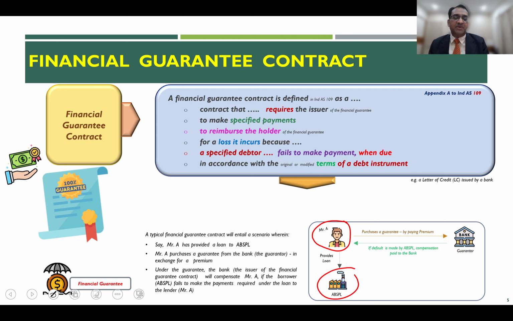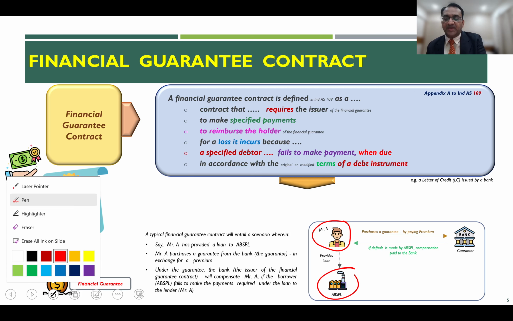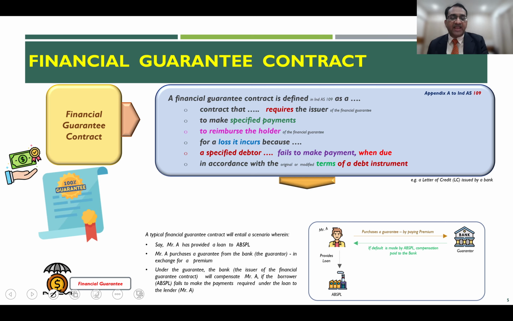So the loan has been provided by A to ABSPL. Now, Mr. A purchases a financial guarantee, let's say from the bank, in this case the guarantor, and for that this person A makes a payment to the guarantor by way of premium for getting the guarantee issued in favor of Mr. A.